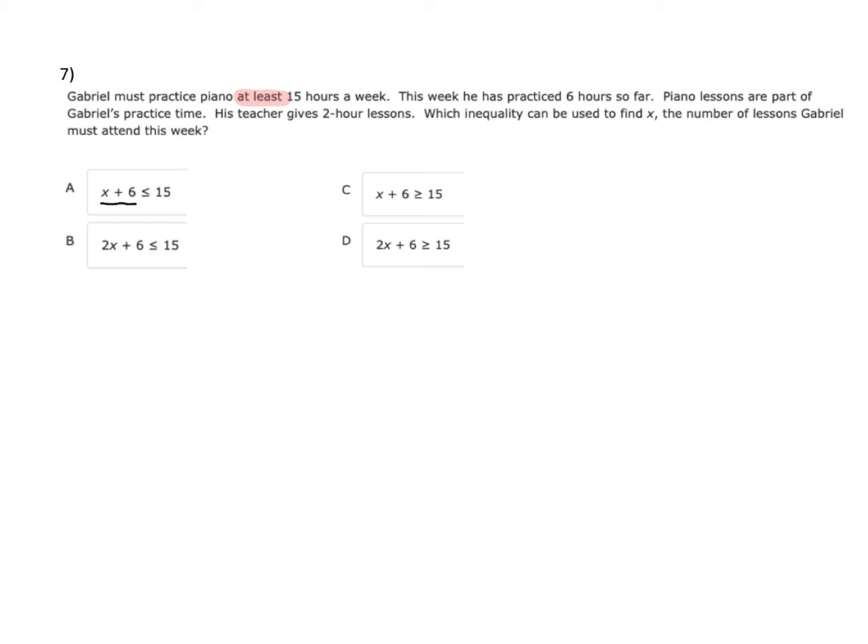In A, it says the practice time is less than or equal to 15. Well, we want more than, so A would be wrong. Now let's look at B. It has the exact same sign. The practice time is less than or equal to 15, so B would also be wrong. C says the practice time is greater than or equal to 15, which is okay.